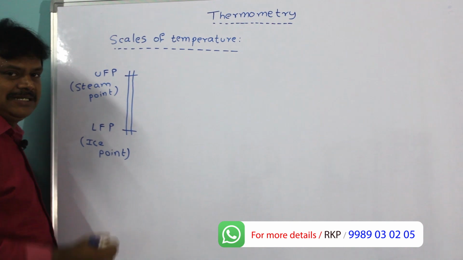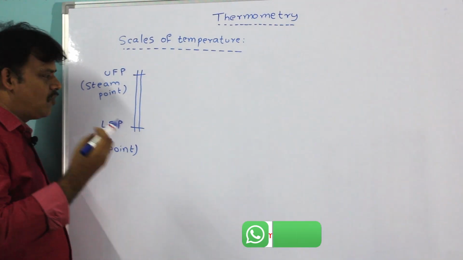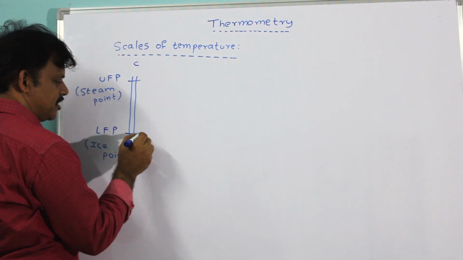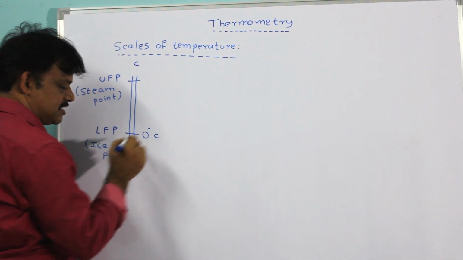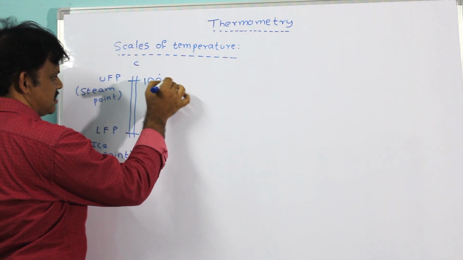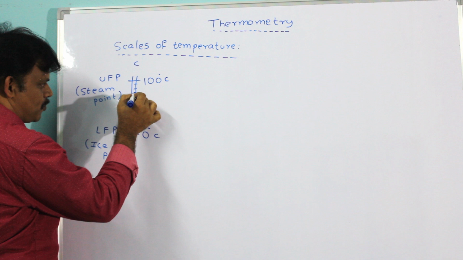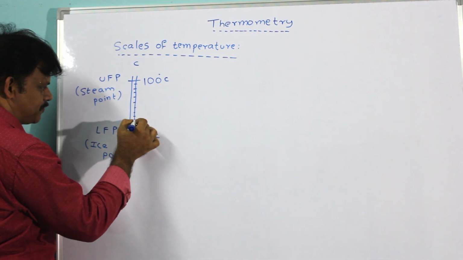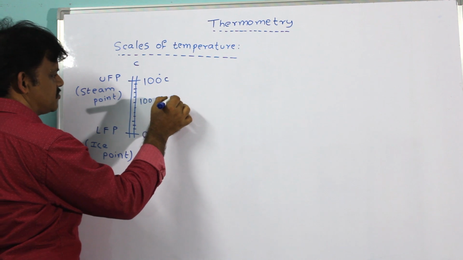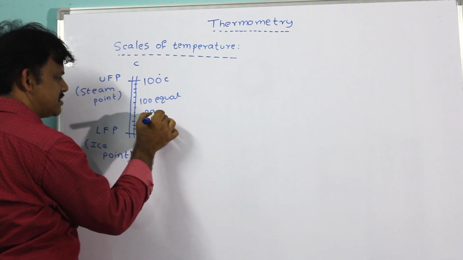Steam point is the temperature at which water boils. So, for the Celsius scale, the lower fixed point is fixed at 0 degrees Celsius and the upper fixed point is fixed at 100 degrees Celsius. And the gap between these 2 points is divided into 100 equal parts. Each part corresponds to 1 degree Celsius.